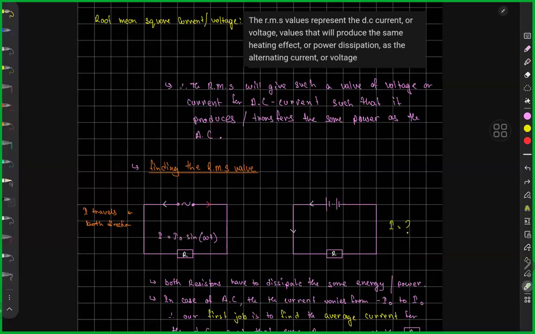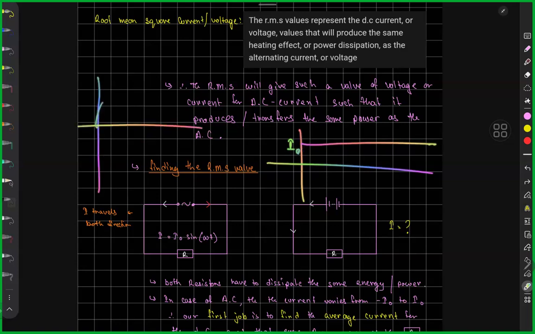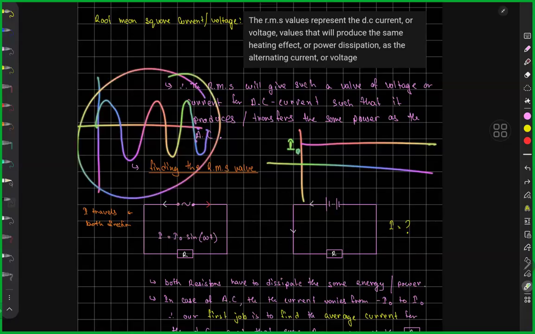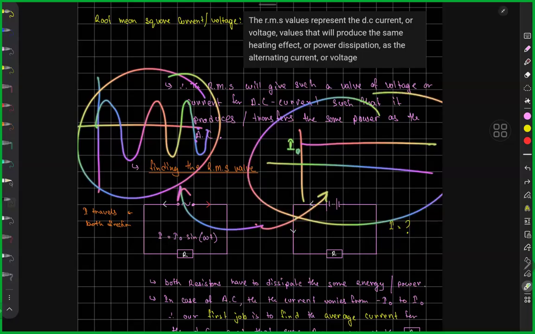And that is the same current that, if I have a DC circuit, that is one constant current value, it will dissipate the same amount of power. So if this is, let's say, a DC current graph, and this is an alternating current graph, the point is, this alternating current and this DC current should produce the same power.